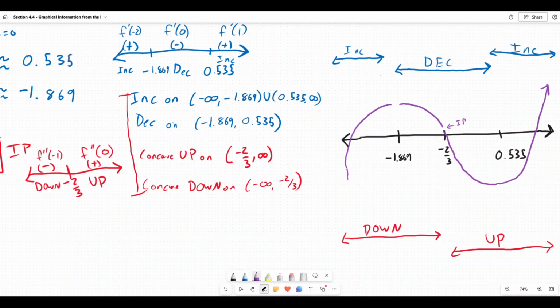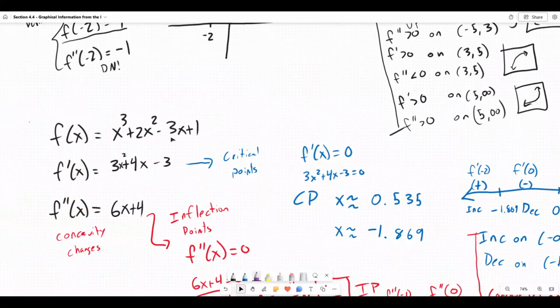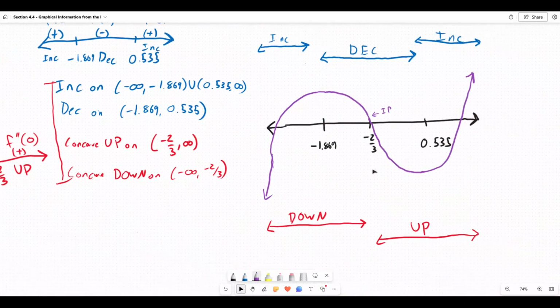And wouldn't you know it, there is my graph. Let me connect it all together. There's my graph of what I think this cubic function looks like. Now, do I actually have the right y-axis? The y-axis is just sort of a guess.